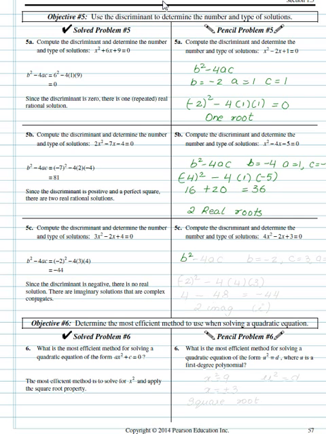B squared minus 4ac. B here is negative 2. C is 3 and a is 4. So b squared is negative 2 squared minus 4ac. So this is 4 minus 4 times 4, 16, 16 times 3, 48.